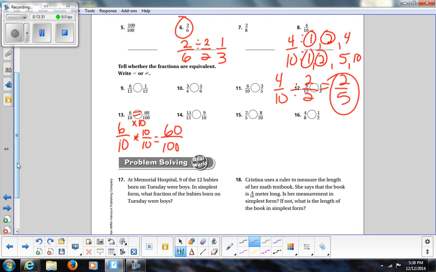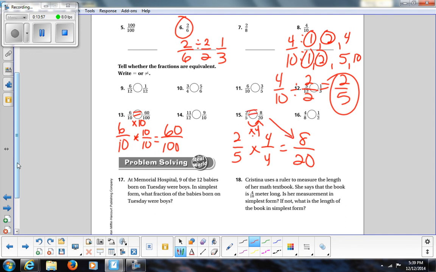All right, and let's do this one. 2/5 and 8/20. Okay, I multiply times 4. 2 times 4 is 8. 5 times 4 is 20. So these are the same, so they are equivalent fractions.